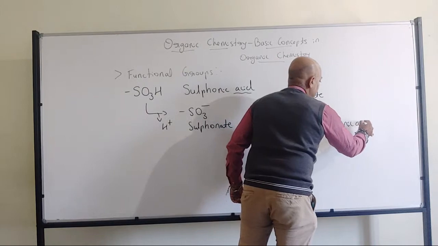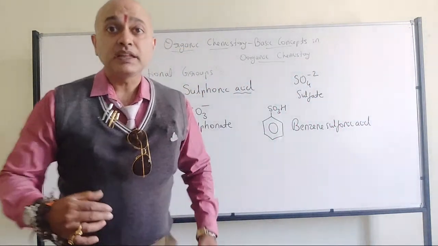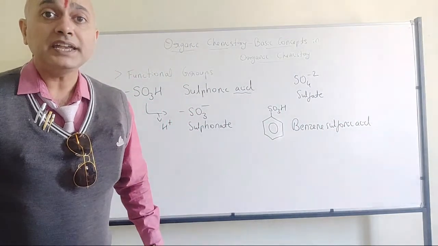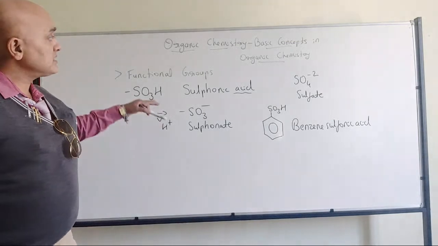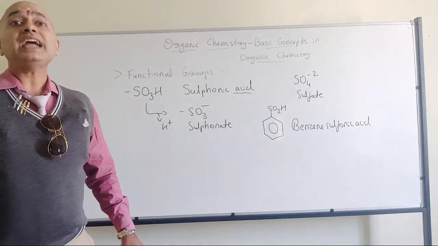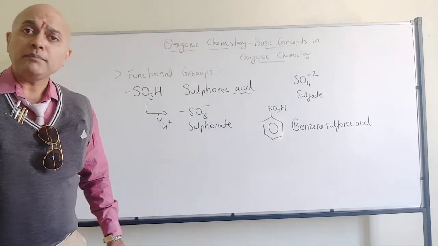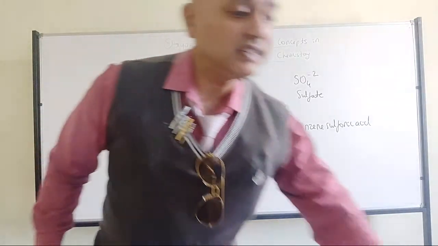When I was talking about carboxylic acid, the name of the molecule ended with oic acid. When the functional group is a sulfonic acid, the name of the molecule should end with sulfonic acid. They are all very important functional groups, especially carboxylic acid.